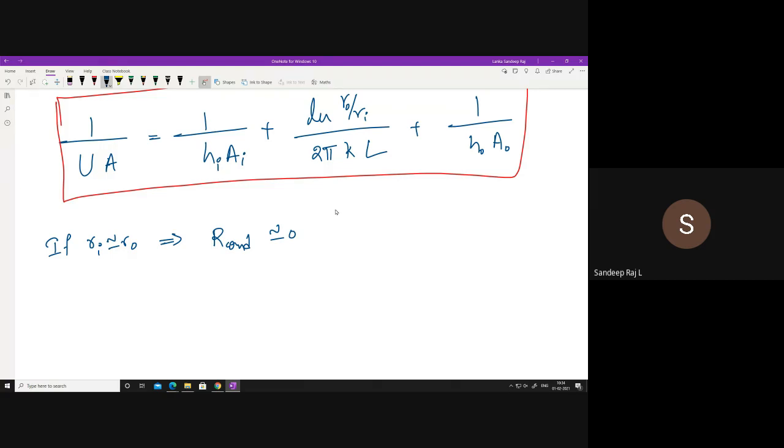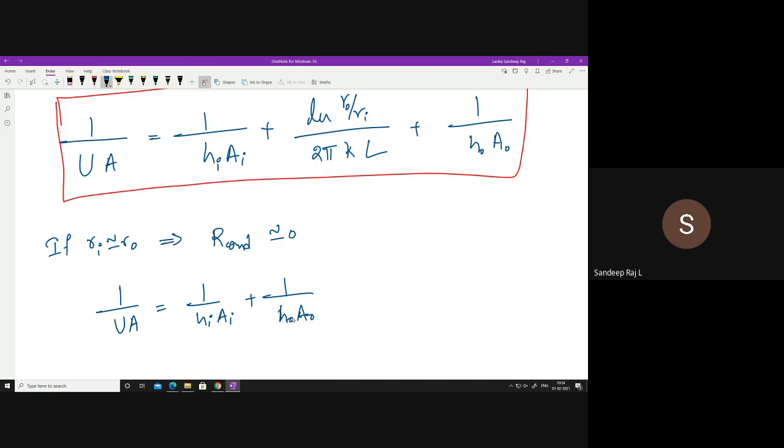So if this thermal resistance is really less, you can definitely neglect it. So what happens to this equation then? It will turn out to be 1 by UA is equal to 1 by HiAi plus 1 by HoAo. This is the simplified form of it.